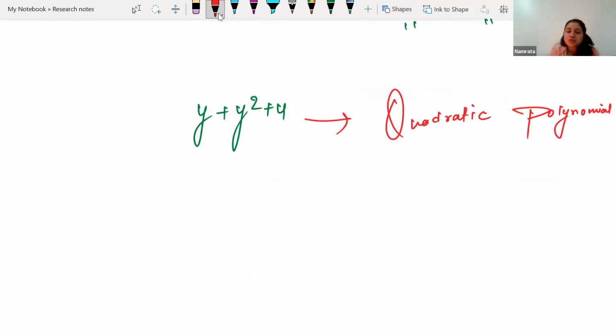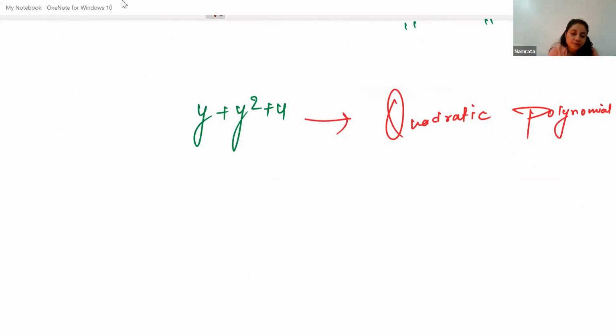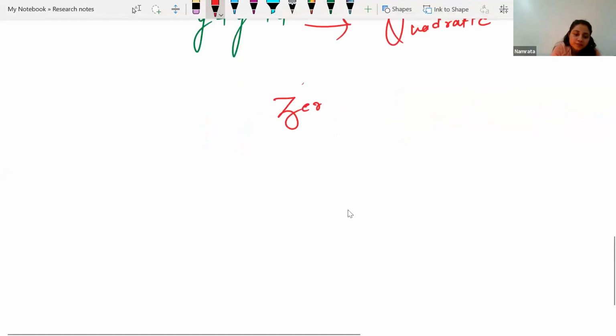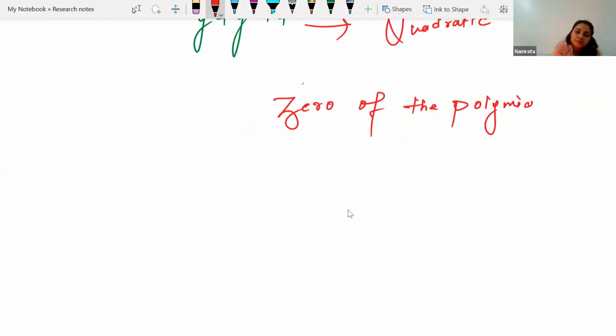Now zeros of the polynomial. The next concept is zero of the polynomial. Zero of the polynomial means what we will substitute as a value of the variable so that the whole expression will become 0.